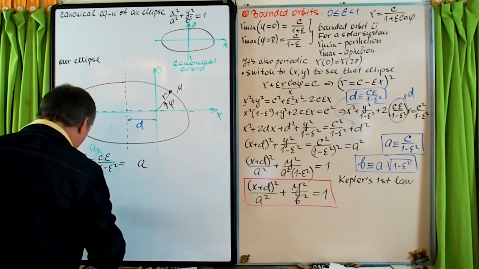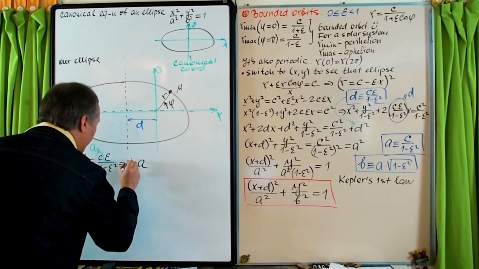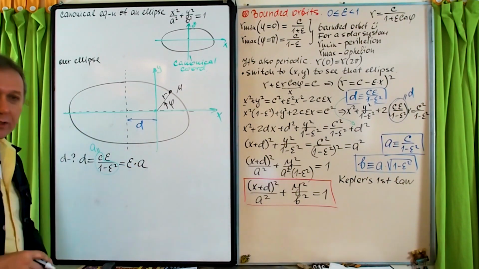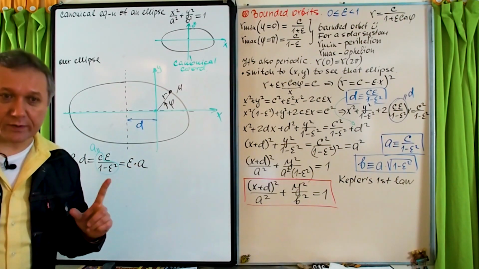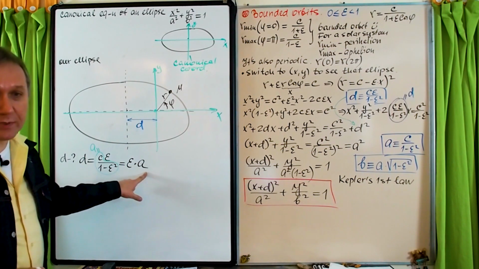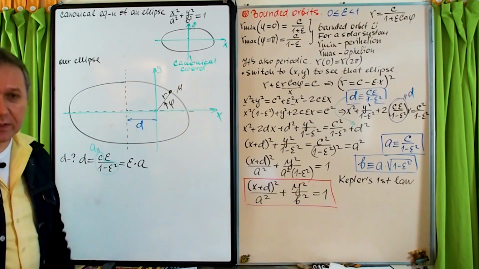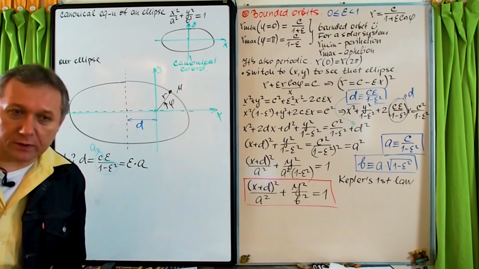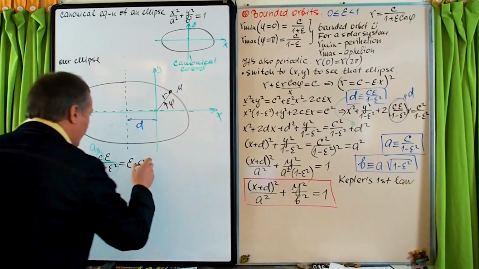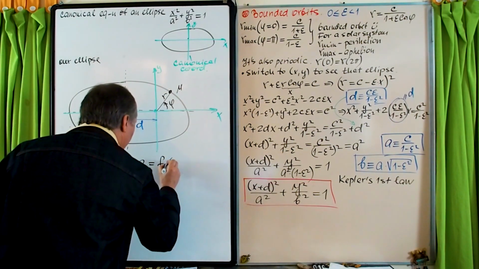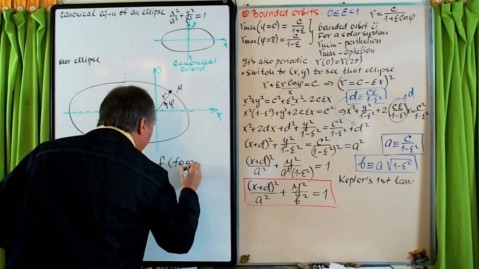So epsilon, the eccentricity, is here. Eccentricity times a. Now, if you recall properties of an ellipse, epsilon times a, eccentricity times the semi-major axis, is the focal distance, F.